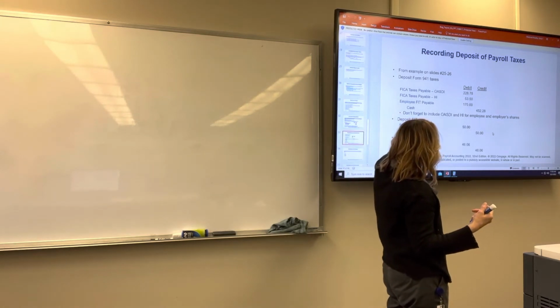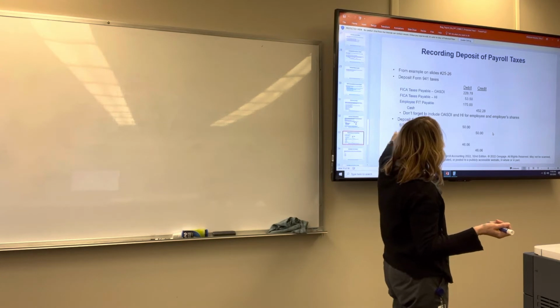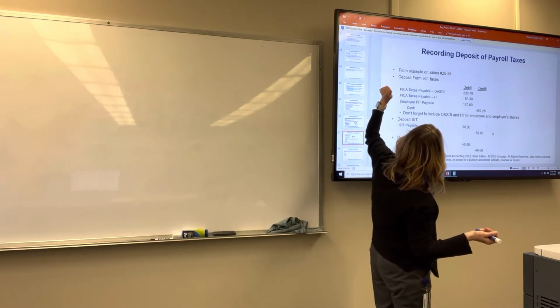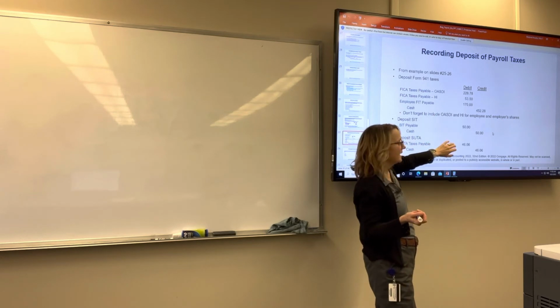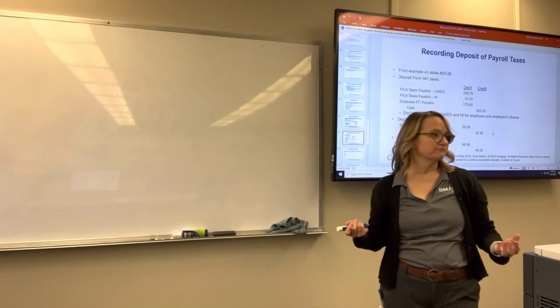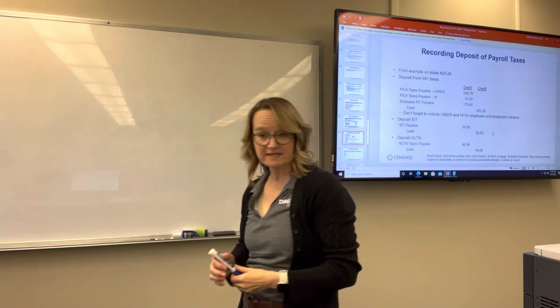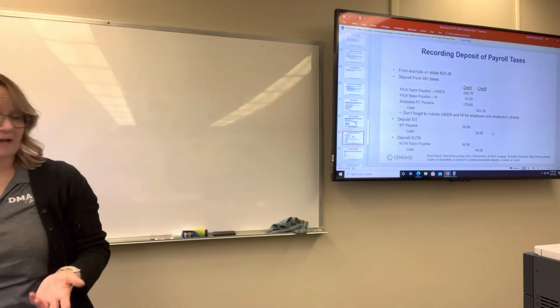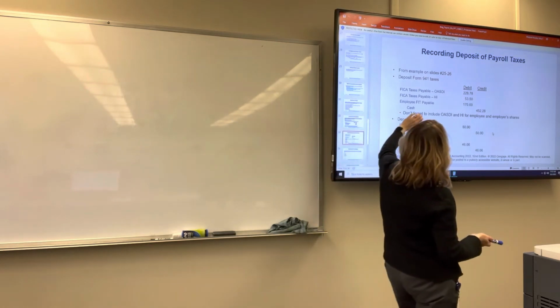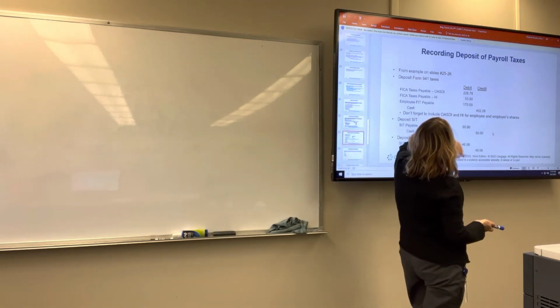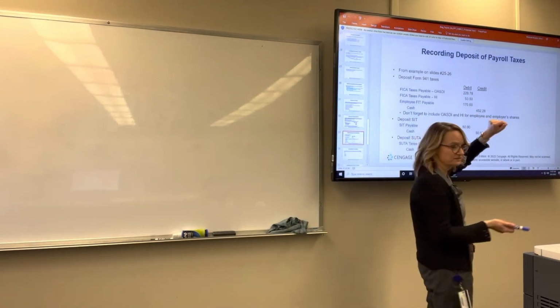And then the SUTA taxes as well. You can see they don't have the FUTA. Maybe in this case, they hadn't accrued over $500 worth of FUTA taxes for the year, so they didn't have to pay any FUTA taxes at this point. They still have to pay their OASDI, Medicare, and the federal income taxes that were withheld.